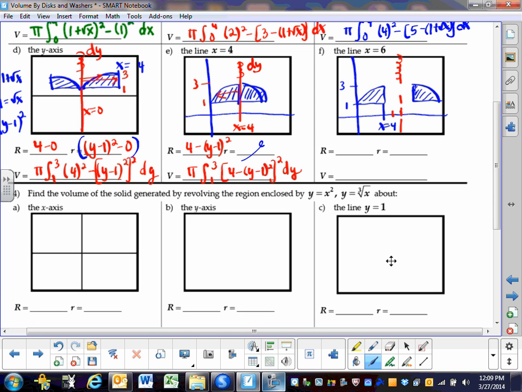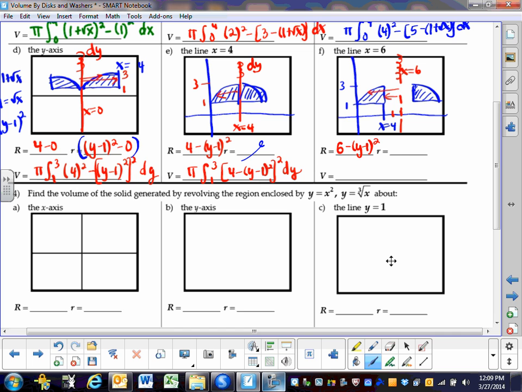Okay, so now we always use the original curve. So that means we have x equals 6 for the center, but the original curve is x equals 4 and x equals y minus 1 squared. So the outside radius is from the axis, the difference between the axis of rotation, which is 6, and the curve y minus 1 squared.